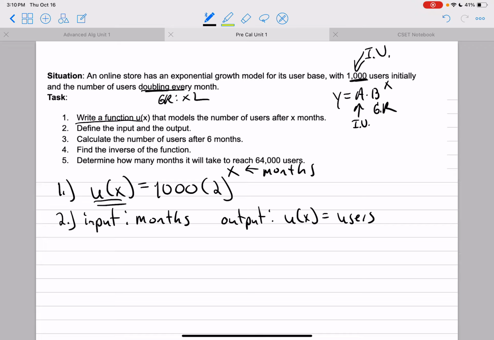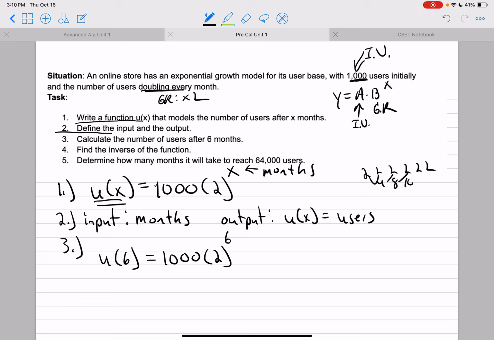Okay, let's go on to part 3. Calculate the users after 6 months. Cool. So I'm going to find u of 6. Okay, I could do this. 1,000 times 2 to the 6th. 1, 2, 3, 4, 5, 6. 4, 8, 16, 32, 64.